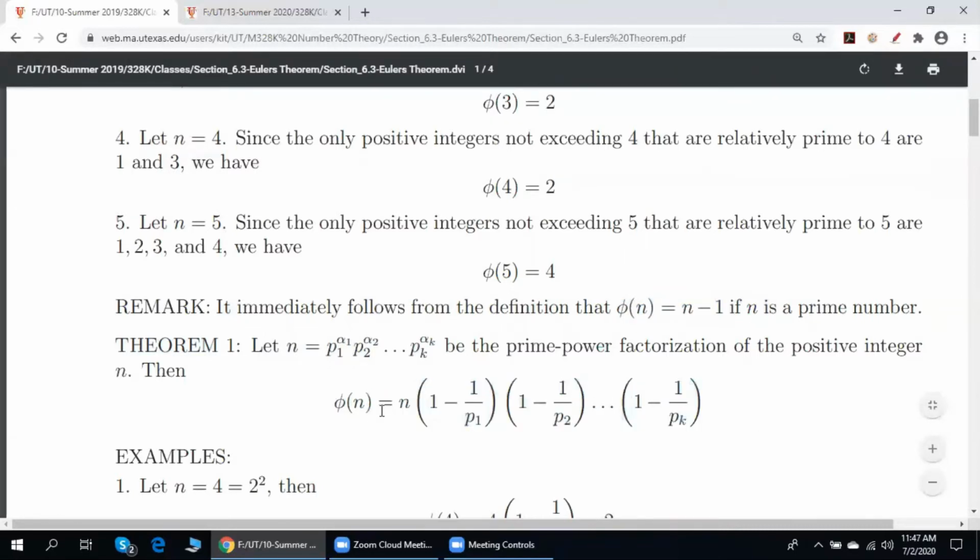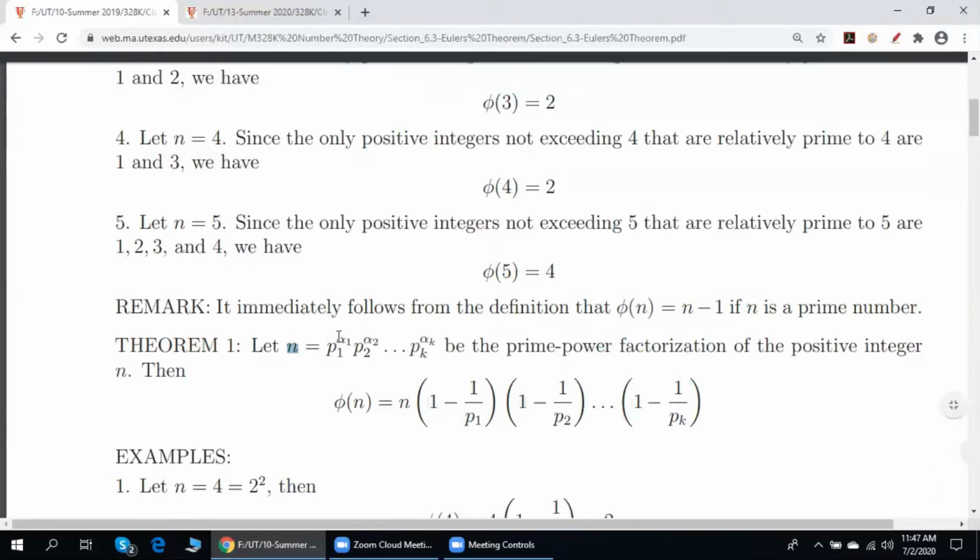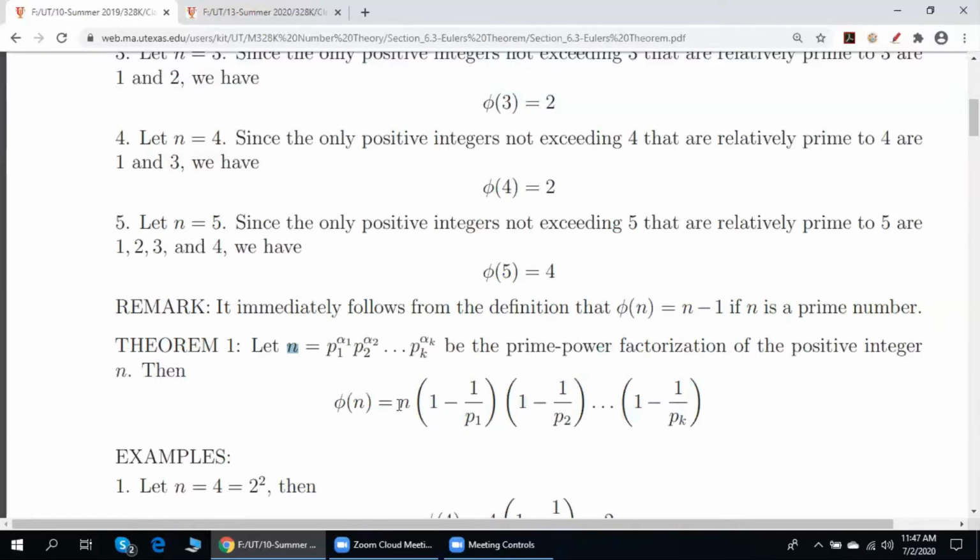By the way, going back to this, one can get the same result using this formula. Note that if n is prime, n is equal to p1 to the first power. So n is equal to p1. We multiply p1 by 1 minus 1 over p1. There is nothing else here.